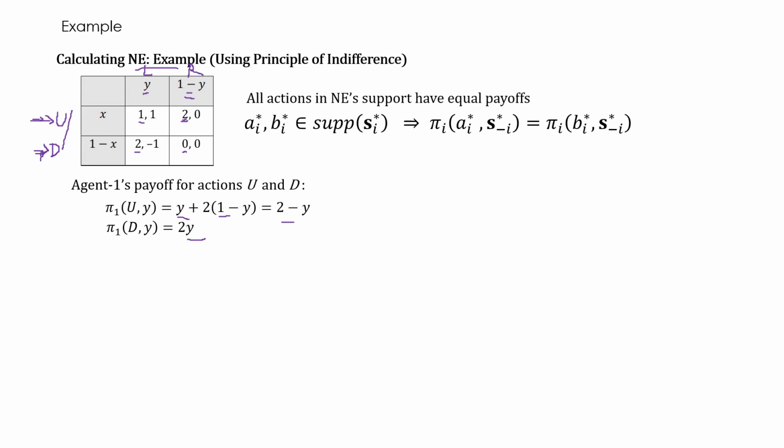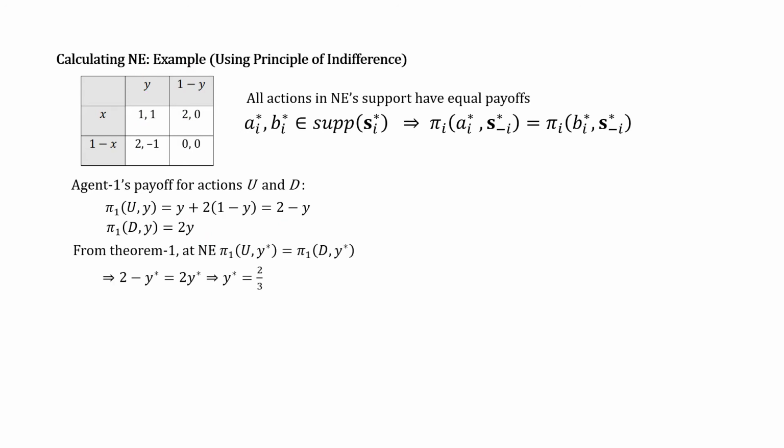Therefore, 2 minus y and twice y would be equal, whence at equilibrium we would have 2 minus y star is equal to 2y star, whence y star is 2/3. So the probability of picking left is 2/3 and the probability of picking right is 1/3. That's for agent 2. Let's proceed and find out what x and 1 minus x are.